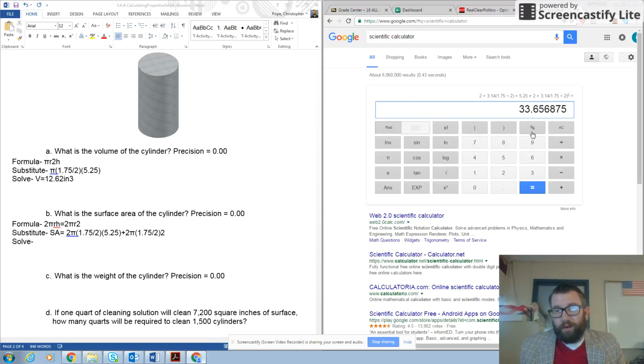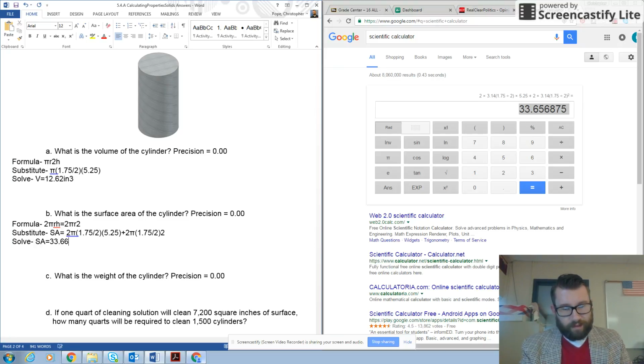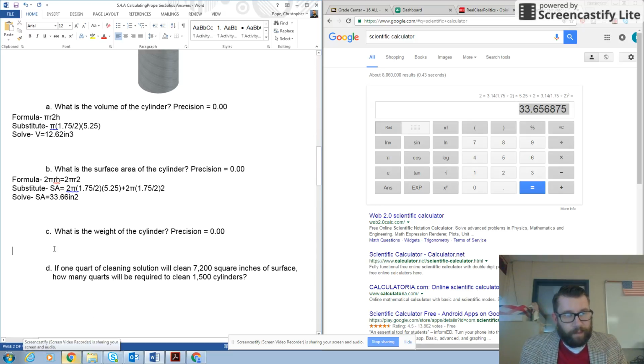When I hit enter, I get an answer of 33.656875. This time it's going to be in inches squared. It asks us for 2 decimals, so SA equals 33.66 inches squared. That one's done.